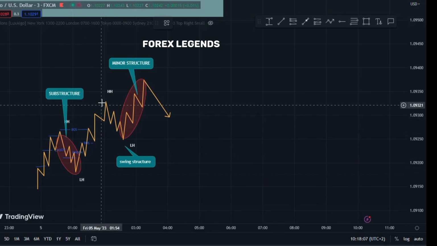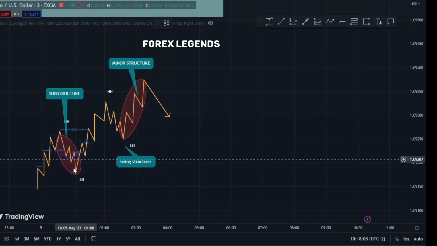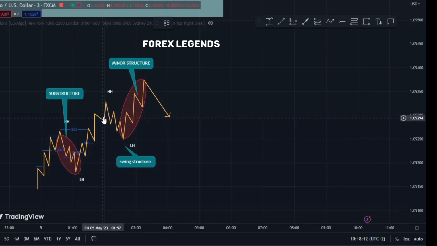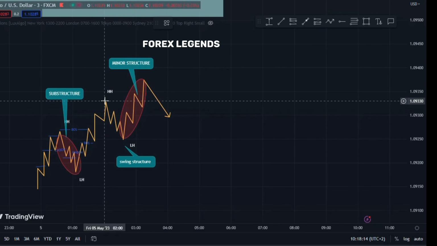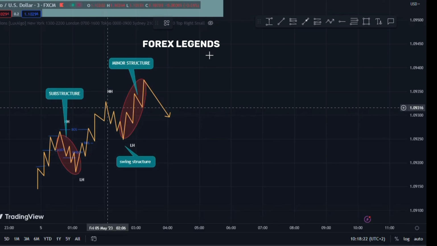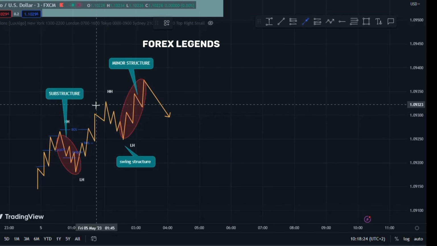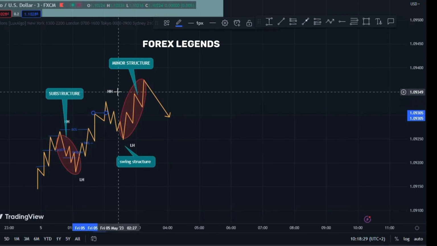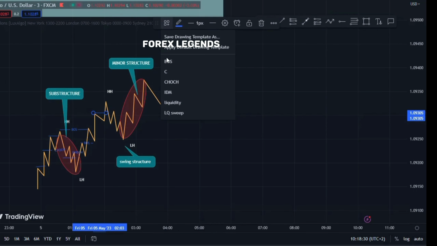The entire move is called the minor structure, because we're actually breaking structure with the correct trend. If we're in an uptrend, we're breaking in the correct trend. As we saw again here, what happened? We broke that structure. So we're gonna label this as our BOS again, because our structure has been broken, and it's been broken into our correct move, which is the upside.